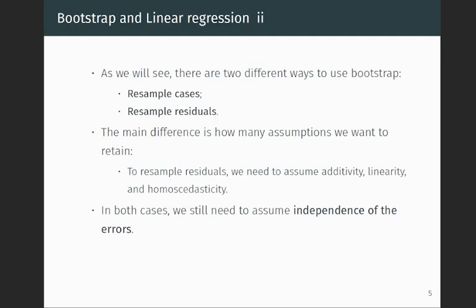Resampling residuals means that we need to assume additivity, linearity, and homoscedasticity. In both cases, we still need to assume independence of the errors, and I'll come back to that idea at the very end. So the key point is that there's a difference in how many assumptions we want to make, or how strongly we want to make those assumptions.